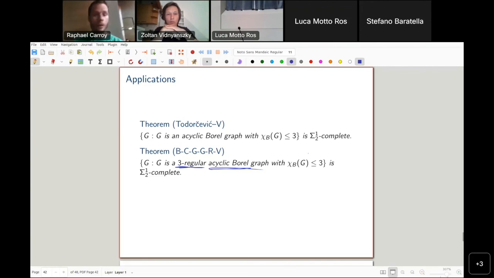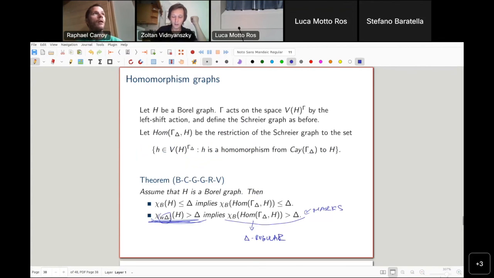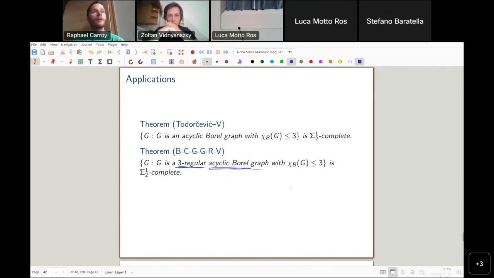So it's the homomorphism graph of the shift graph. You take this homomorphism operator and you plug in the shift graph as H. This is the nice feature of the homomorphism operator, that it gets you 3 regular graphs from large graphs.